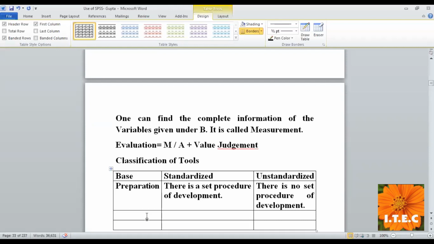Another difference is the reliability. In the standardized one, reliability is known.